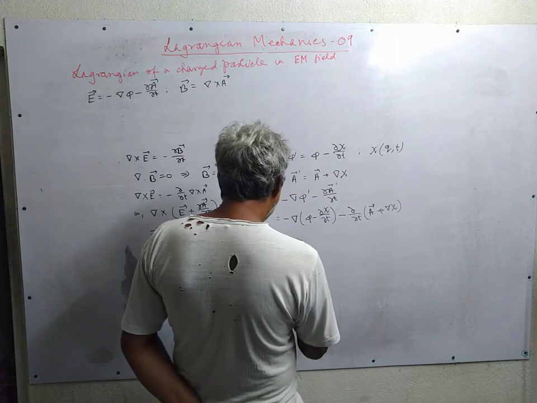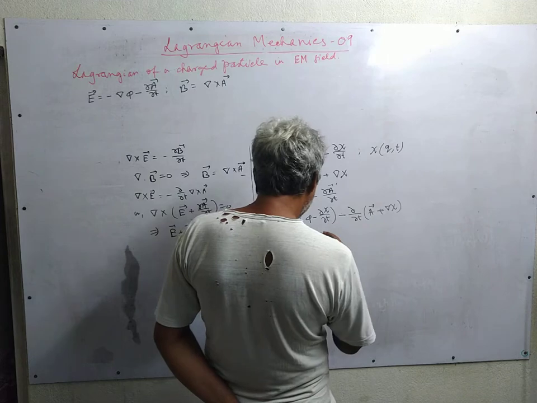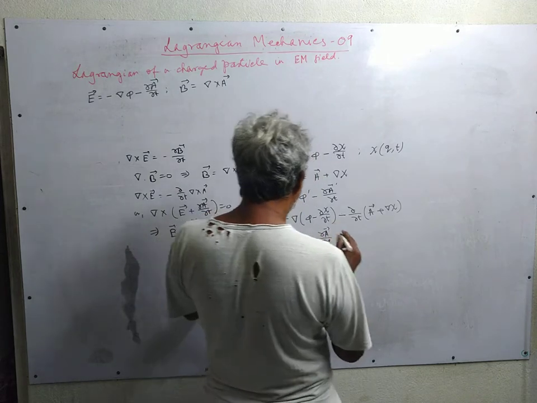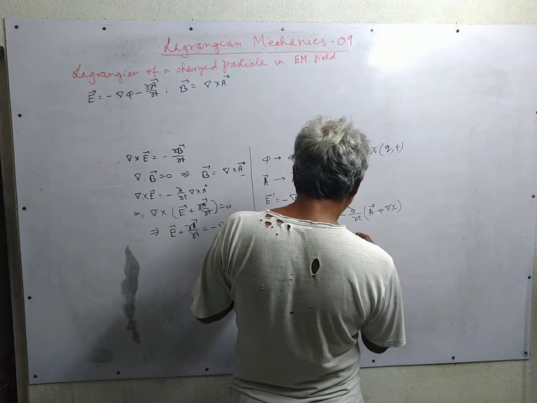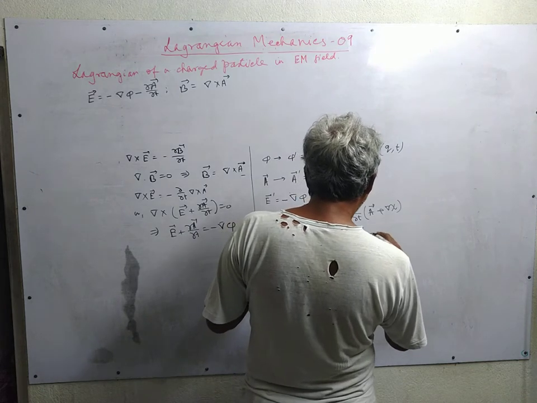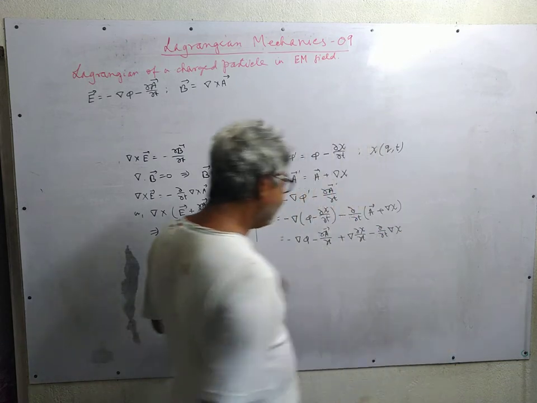So we get minus grad phi minus ∂A/∂t, then we have the terms plus grad of ∂chi/∂t minus ∂/∂t of grad chi.